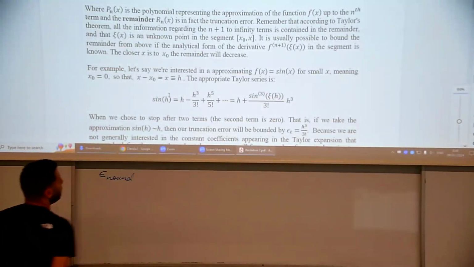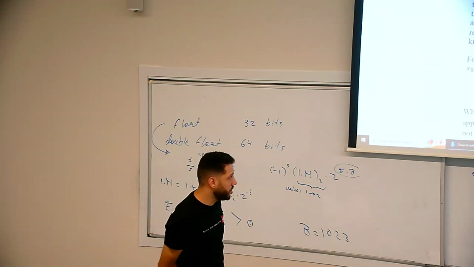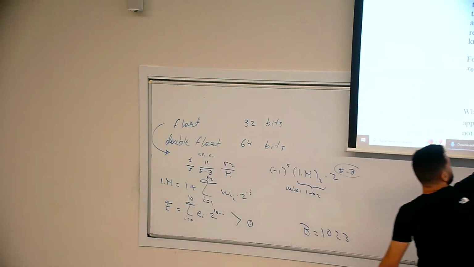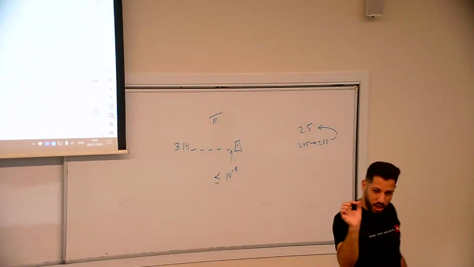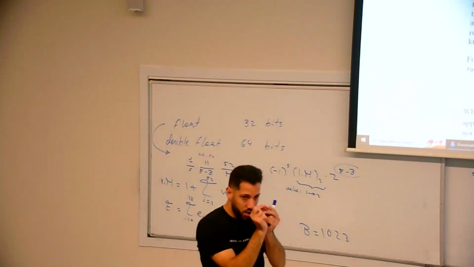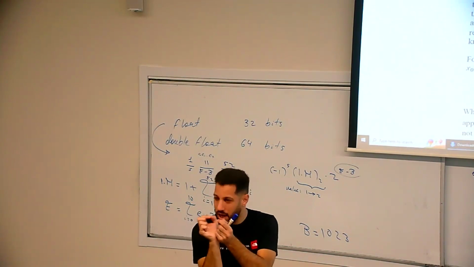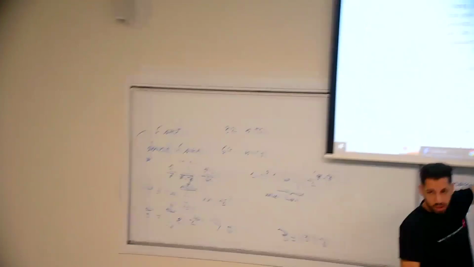So, for example, you know this example, of course. If I want to do this around 0, x0 is 0. So x minus x0 is x, and I call it h. In this course, we will call h for these little steps that we will do in our numerical calculations. So I moved far from the 0 step, a little step, which is called h, and I want to calculate the sine of h.